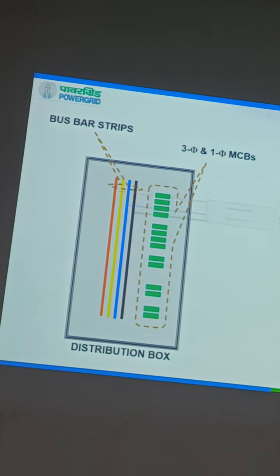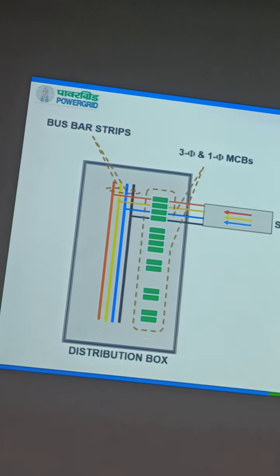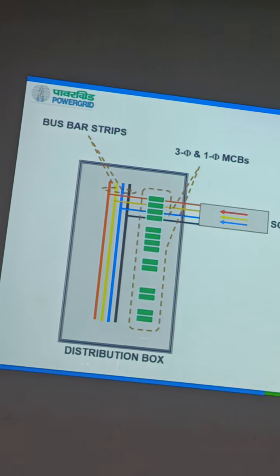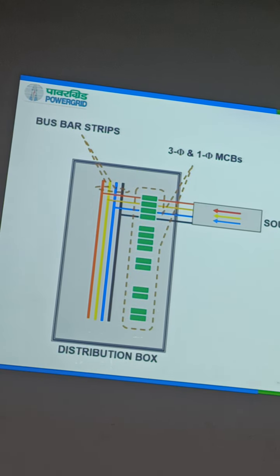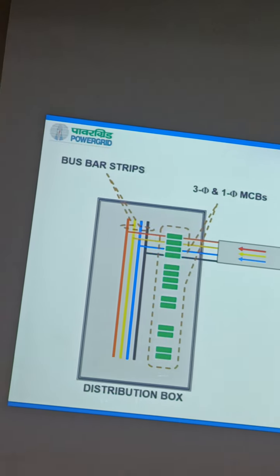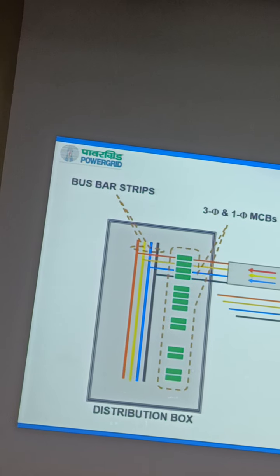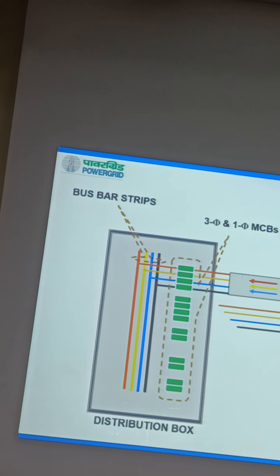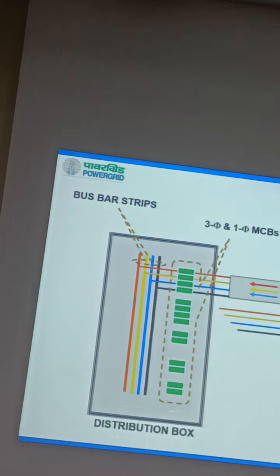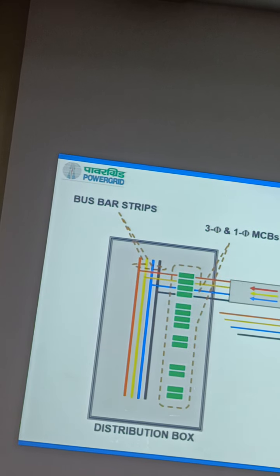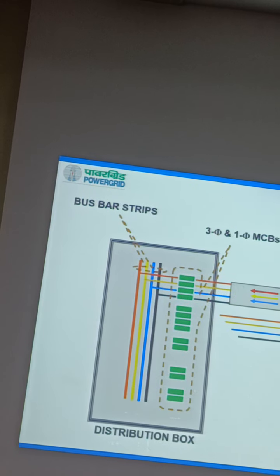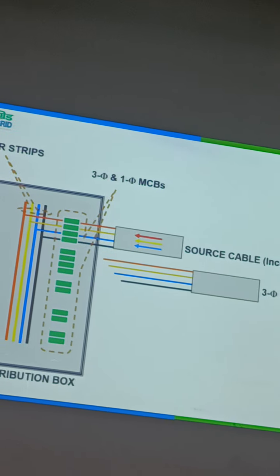Now suppose there is a cable connected to the busbar like this, and there is another cable like this. Can there be any flow of power between these two cables? Can there be exchange of power?